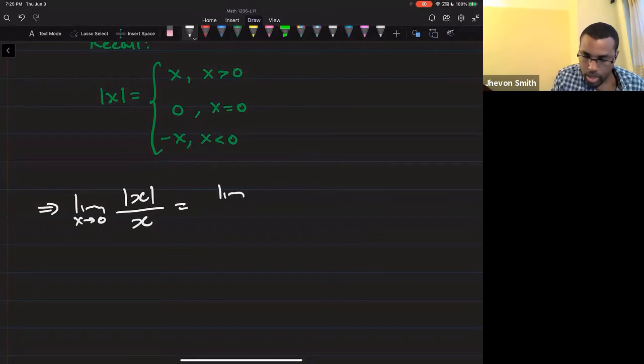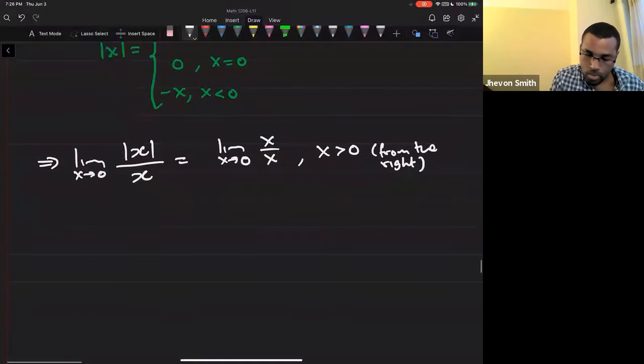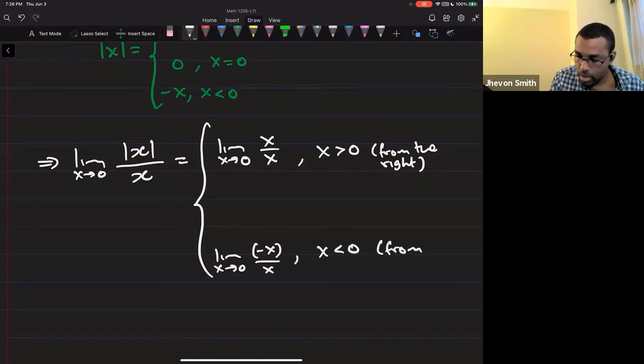It's going to be the limit as x approaches 0 of x over x in the event that your x is positive. So you're really just approaching from the right. And it will be the limit as x approaches 0 of minus x over x if your x is negative, from the left.